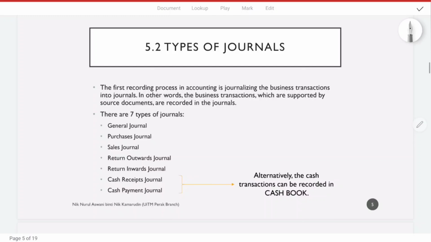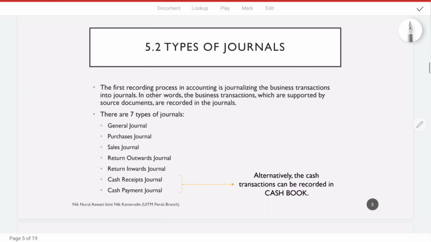Alright, and then we need to tell the system whether that transaction is an asset, expense, equity, income, or liability. But regardless of the existence of a computerized system, we still need to know the process in accounting, which involves the journal.